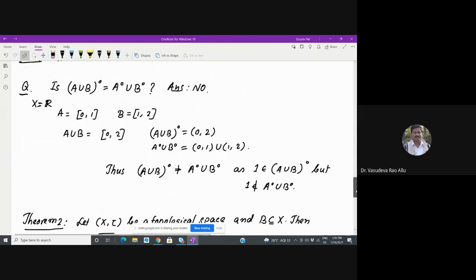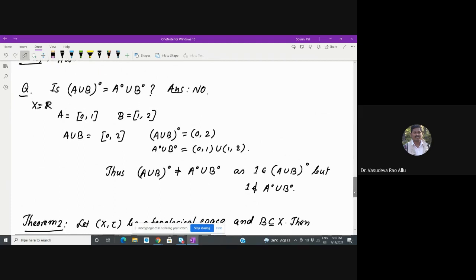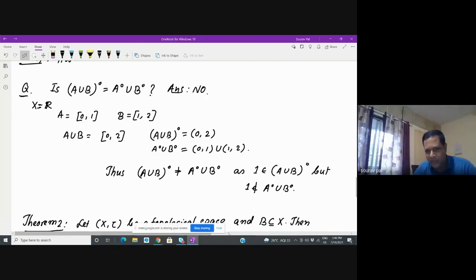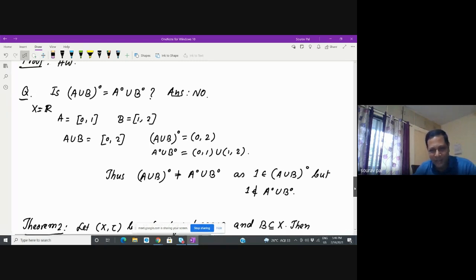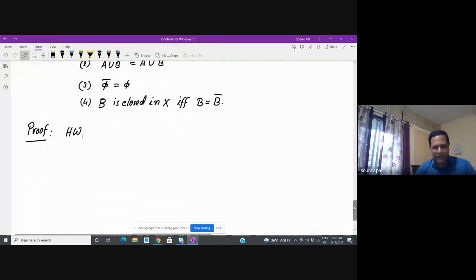The union of interiors is contained in the interior of the union. That is sure, but only the equality case is being discussed. So what she is saying is that the interior of A union B is a subset of the union of the interior of A and the interior of B. No, it's a superset actually, it's the other way. What she is saying is correct, but here we are talking about just equalities. Thank you, Manushi. That's a nice question.